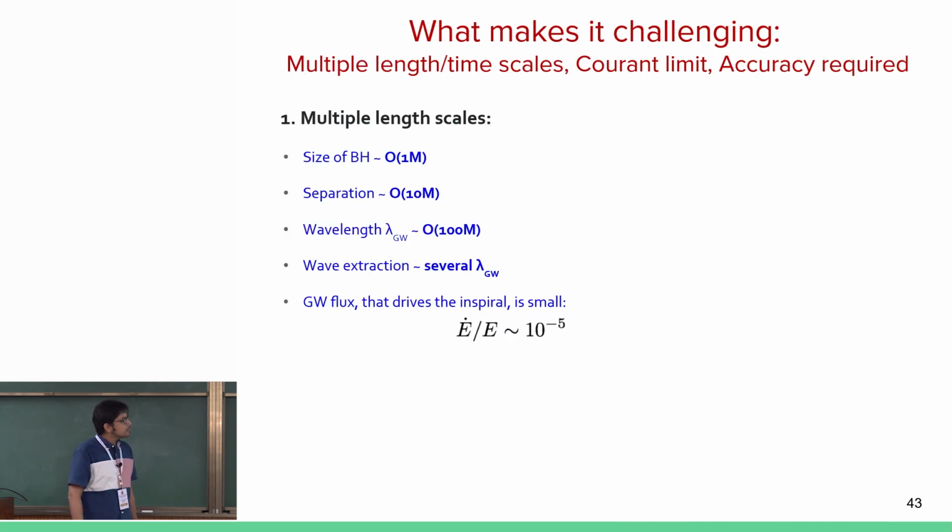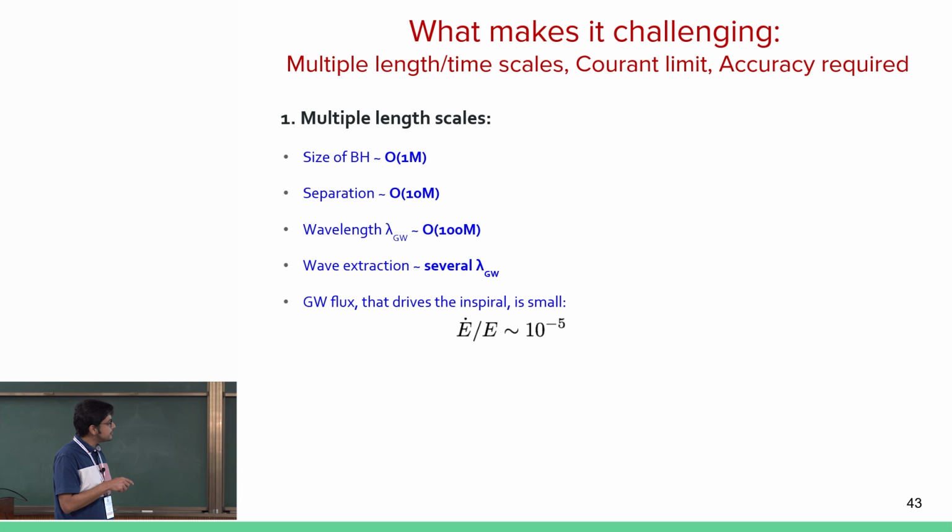Okay, so what makes it challenging to solve these equations? Why is it challenging to actually do this in practice? The first challenge comes from the fact that we have many length scales in our problem. We have length scales ranging over, say, I think 3 orders of magnitude at least. The smallest length scale we have is the size of the black hole horizons that we must resolve, as well as the oscillations on those horizons that we must resolve at all times.